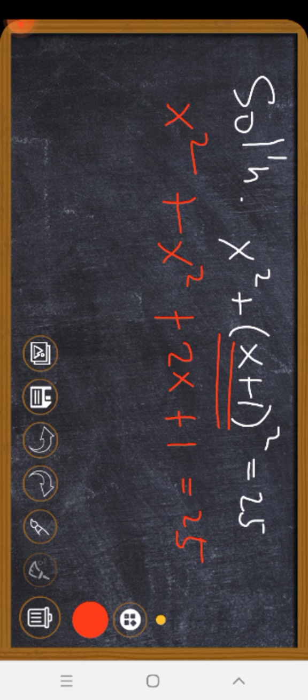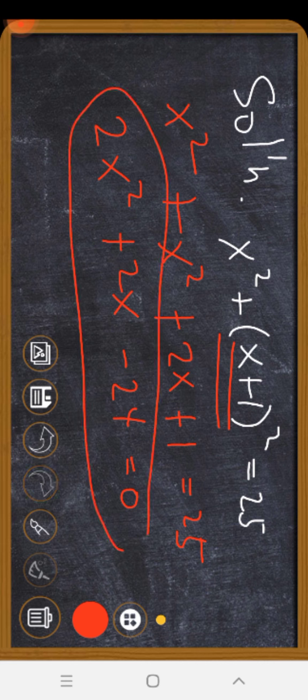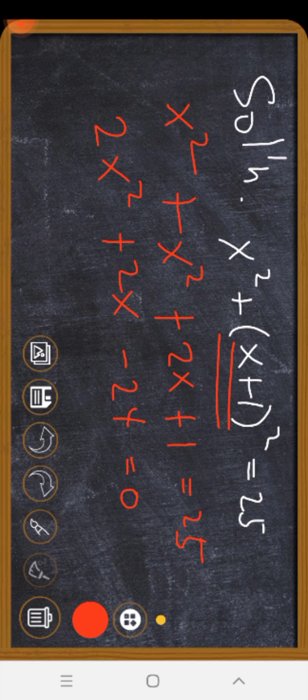Now, your new equation will be 2x squared plus 2x minus 24, because we will have a negative 25 plus 1, equal to 0. Now, we have a common factor, so we can reduce our quadratic equation. We obtain a quadratic equation, but we can reduce it so that we can solve it easily.